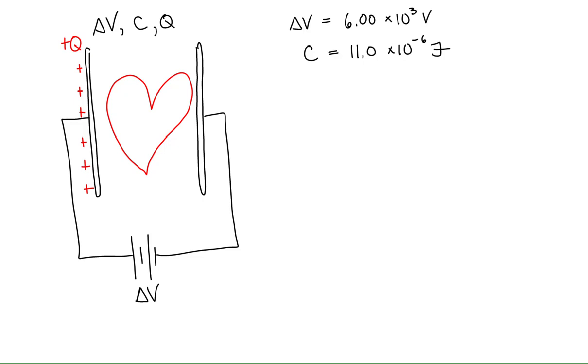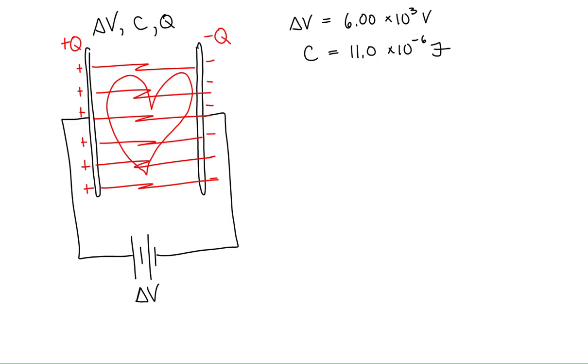Now the opposite plate, the one that's attached to the negative terminal of the battery, will have an equal amount of negative charge distributed on it. So this capacitor is charged by that potential difference to a total magnitude of charge of Q. And then at some point when the capacitor is fully charged, the paramedic calls clear and discharges the capacitor, allowing charge to flow to help stimulate the heart.